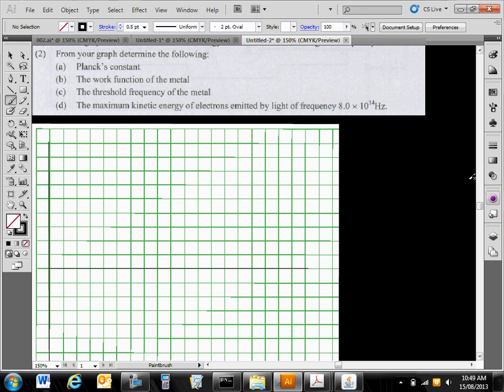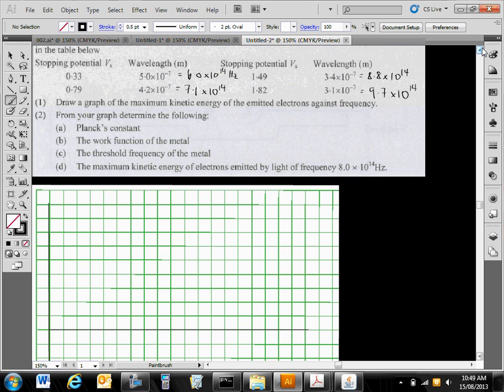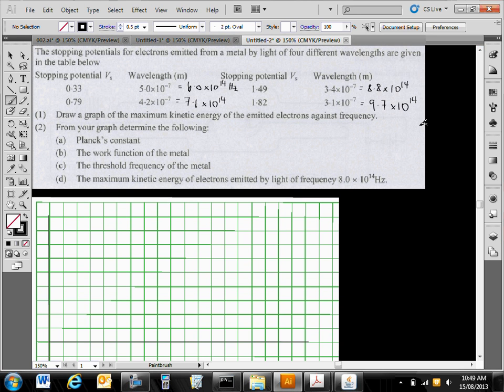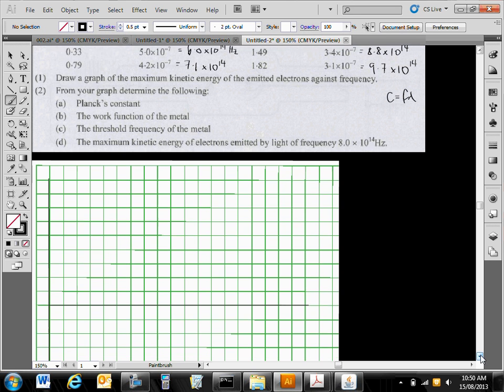So everybody knows, of course, how to do that calculation, don't they? We're talking about light, so c is equal to f lambda. If we want to find f, we put c on lambda, and you get these numbers here. Let's now plot those.